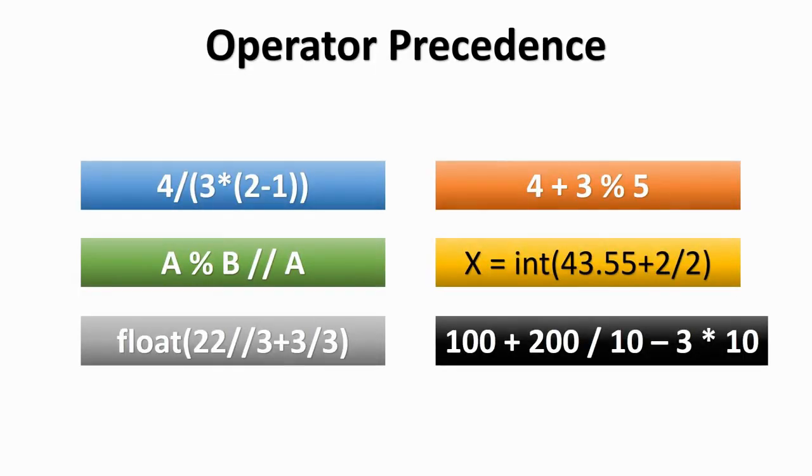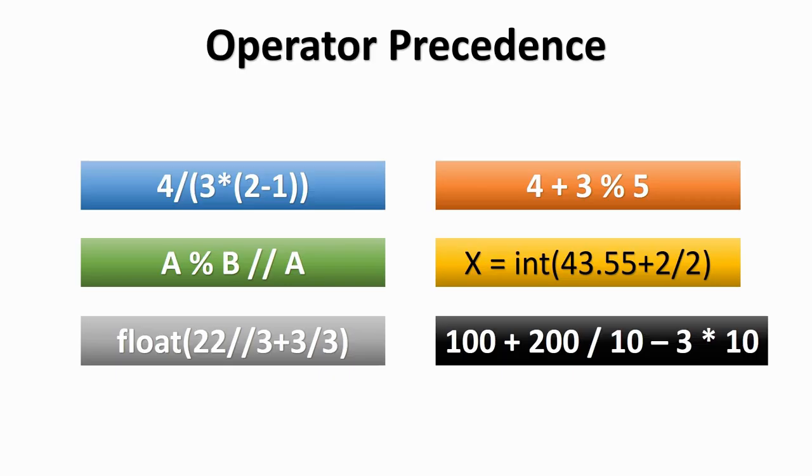Operator precedence. Expressions in Python often have more than one operators. While executing such expressions, Python interpreter decides at runtime which operator to be evaluated first. However, all operators are not executed at the same level.